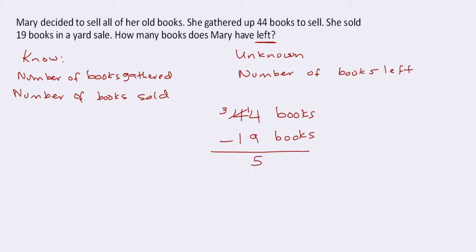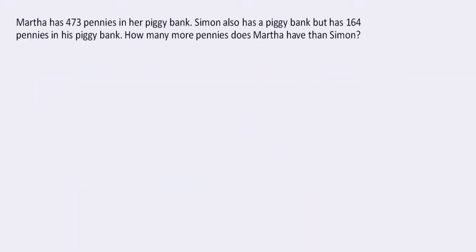And then 3 minus 1, we have 2. So Mary has 25 books left. Let's look at another example.